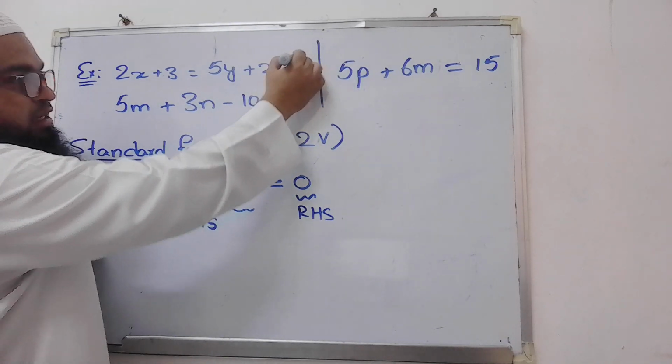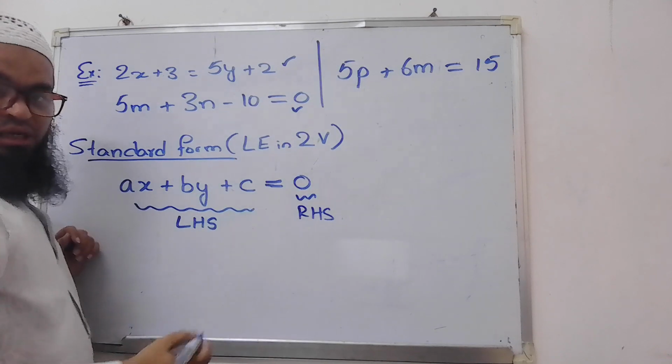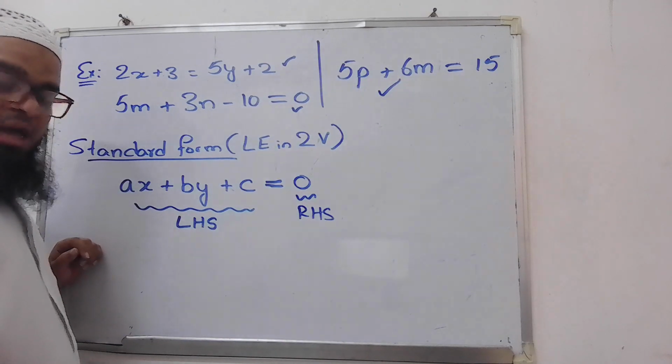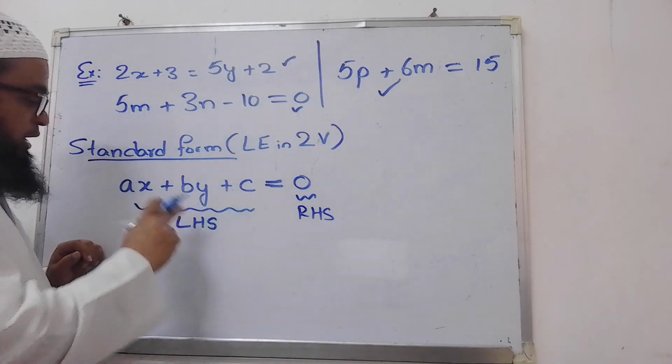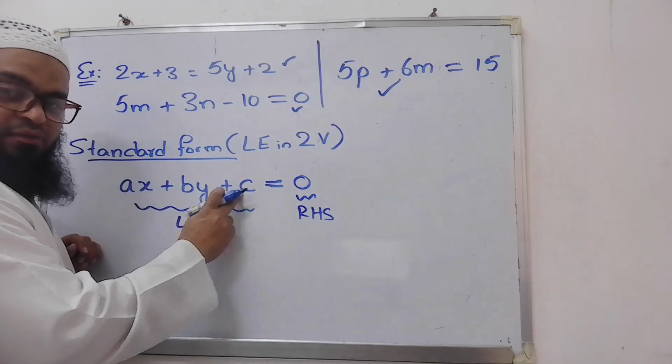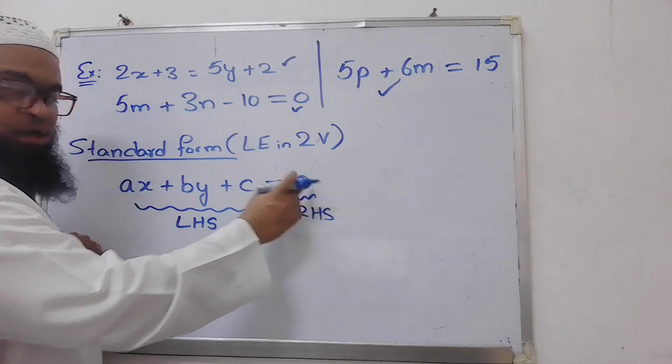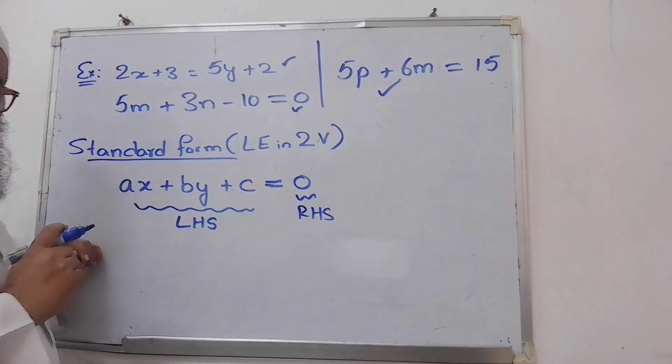This is also a linear equation in two variables, and this one is also a linear equation in two variables. But what is the standard form? All the three terms should be on the left hand side, and on the right hand side it should be 0. This is the first condition.